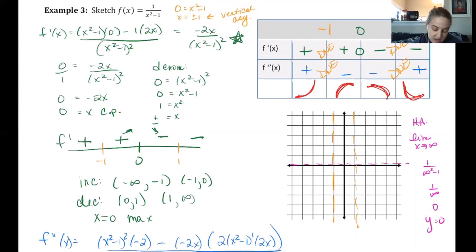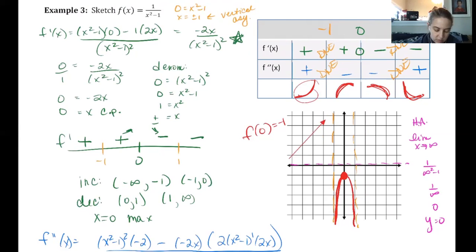If I put 0 into the original function, if I find f of 0, I get a negative 1. That's a place to anchor this graph. So the curve to the left would look like this. The curve to the right looks like this. And then the question is, this increasing concave up, does it look better here?